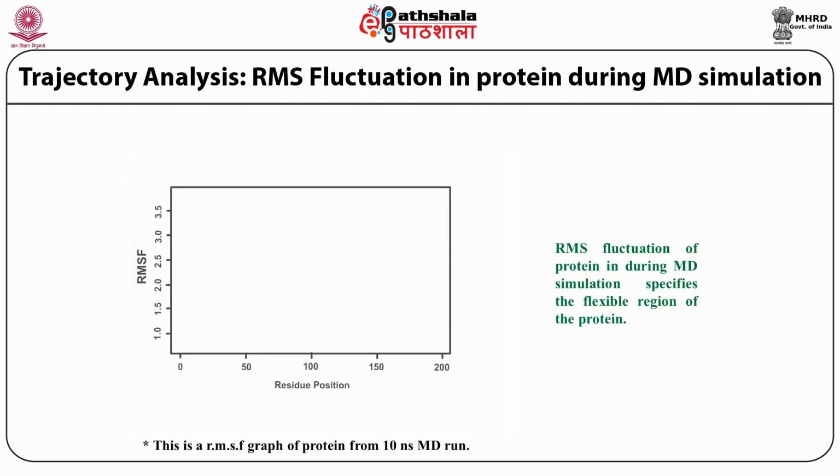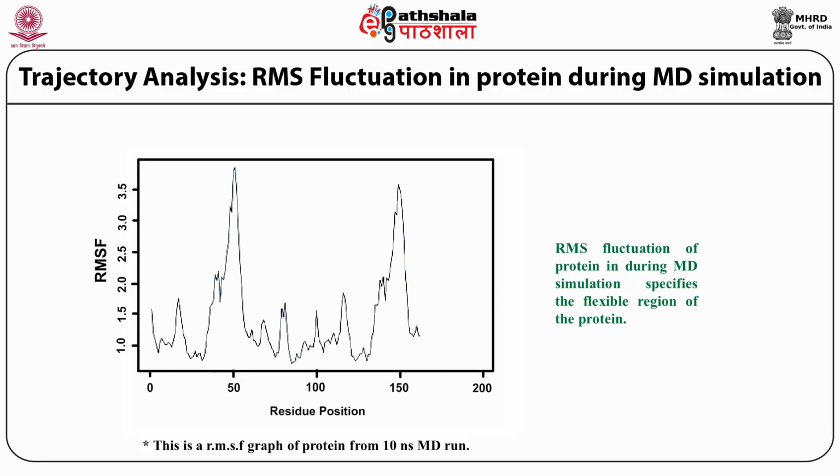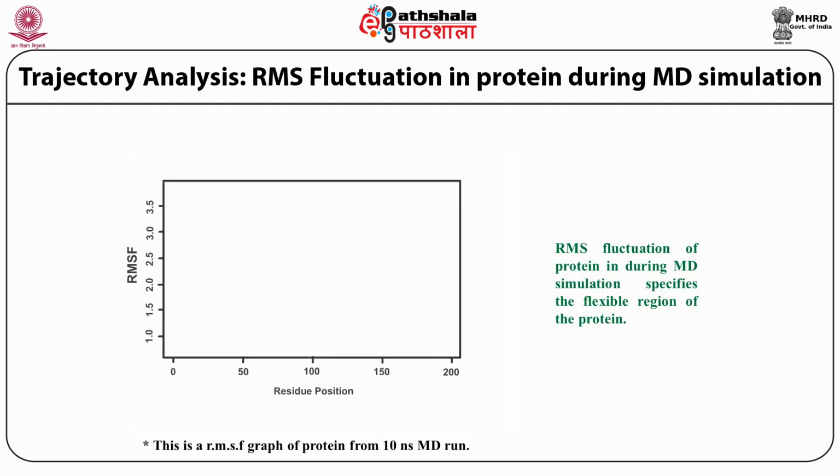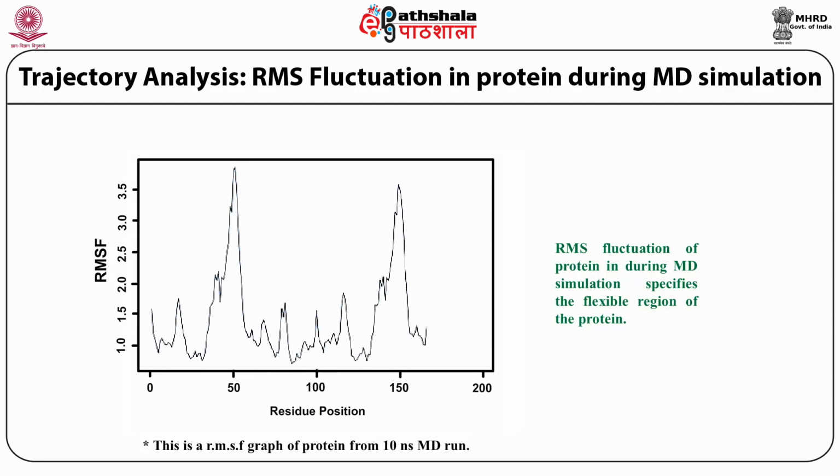This plot indicates that two regions of the protein, one near residue 50 and the other near residue 150, have higher mobility than other regions of the protein. This might be due to a more flexible loop in that region or a more mobile motif or domain. Like in case of kinases, this may indicate the lead motif and P loop.